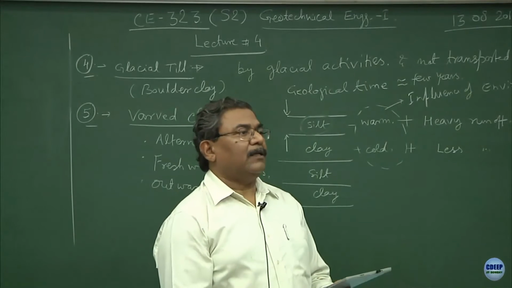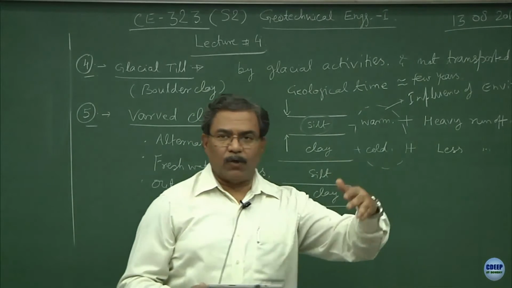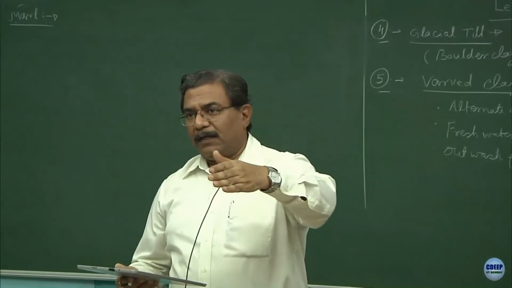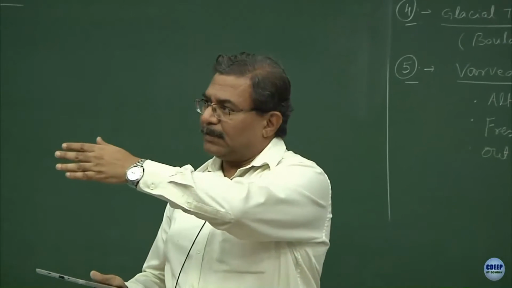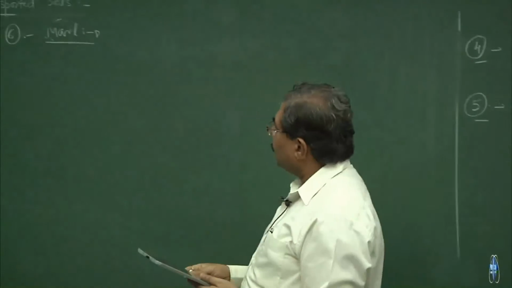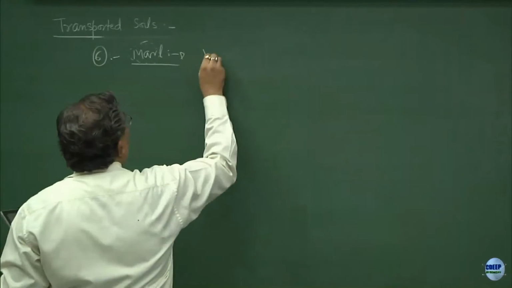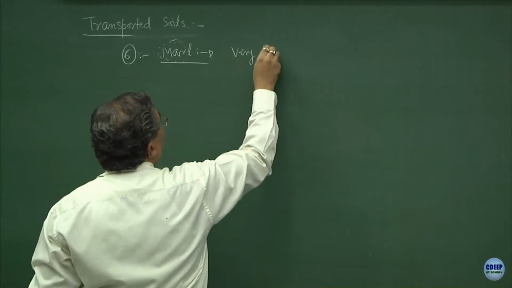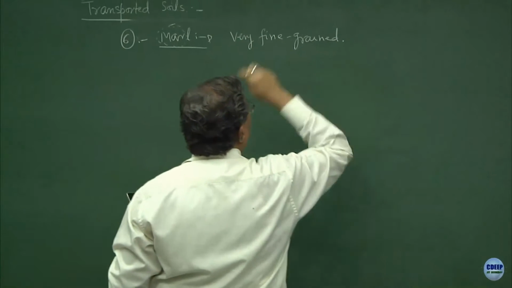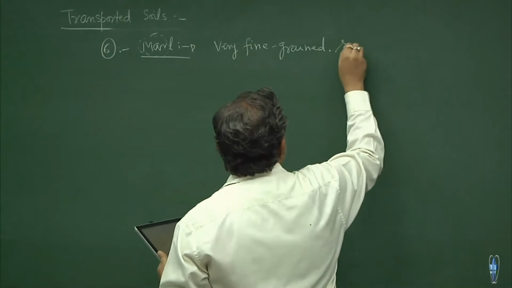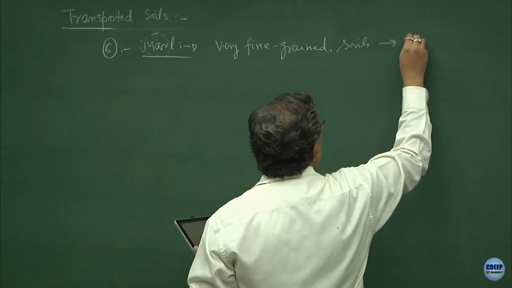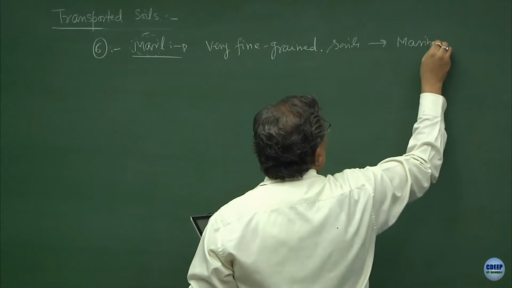Bombay region is a marine environment, alright. Wherever you have coast, wherever you have seashore, clear. So, the land side is known as onshore and towards the sea it is known as offshore. So, marly soils are very fine grained materials, and their origin is marine environment.